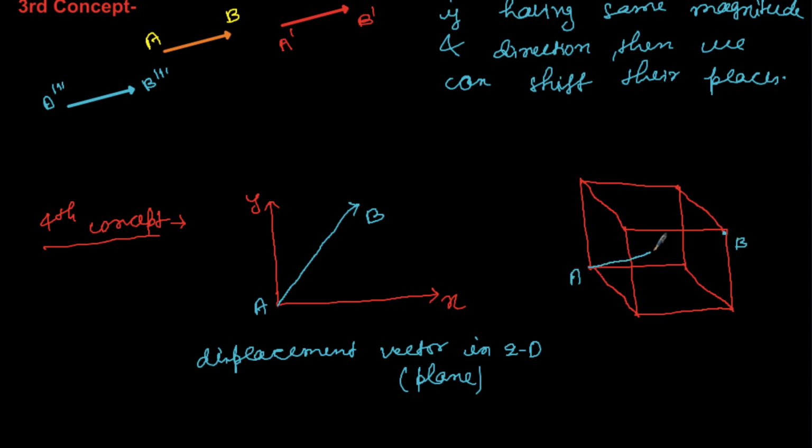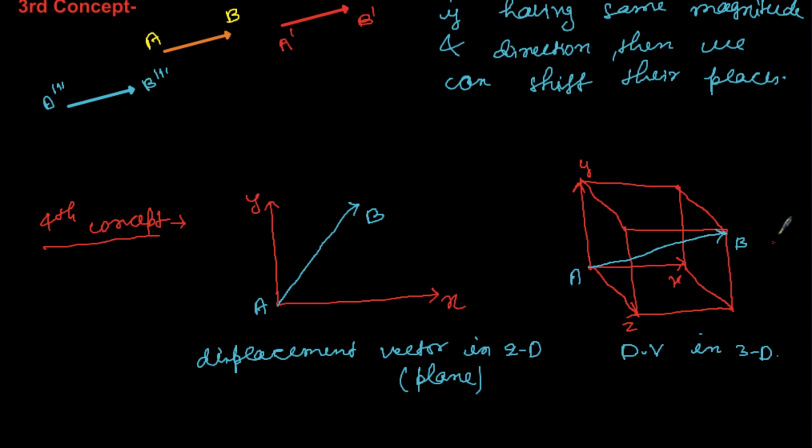So it is the same displacement vector but in 3D. Because this is the x axis, this is the y axis and this is the z axis, this is a displacement vector in 3D.